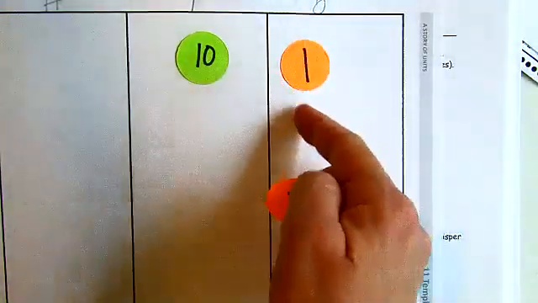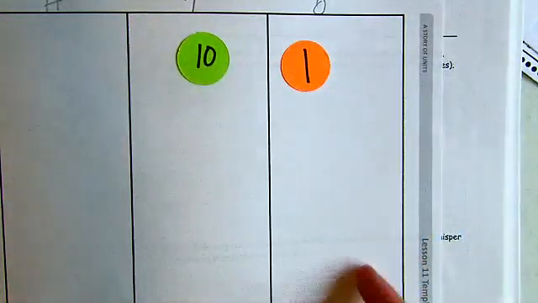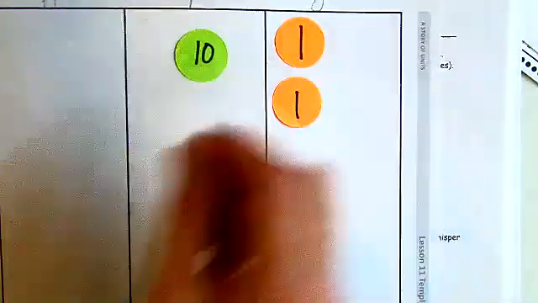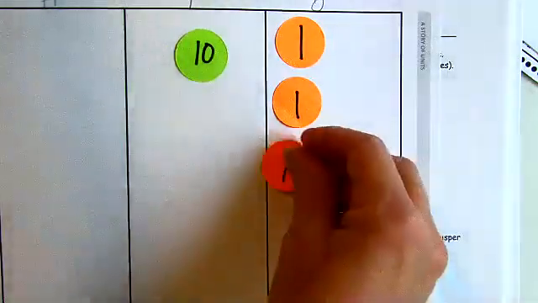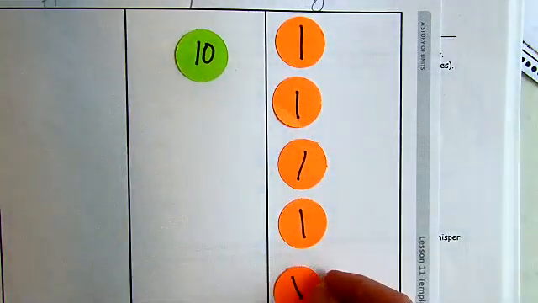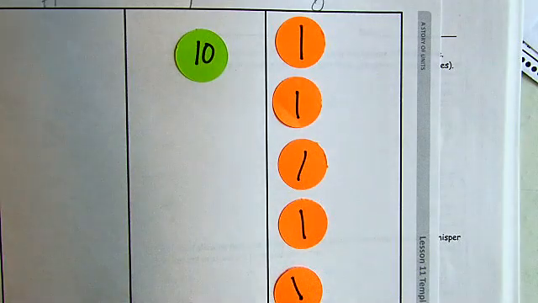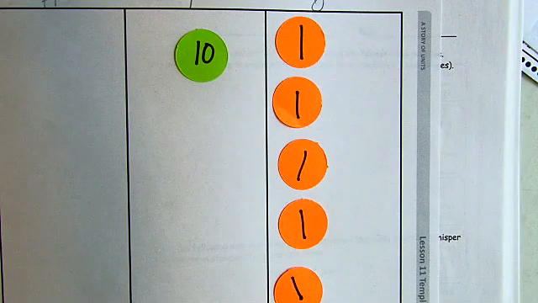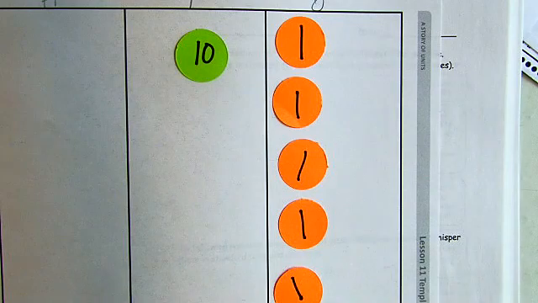We start at the top on the first one, and then we go back up the second column. So I need 5. 1, 2, 3, 4, 5. The reason we do it in a particular way is so that it's really easy to see the numbers when you look at them. So I'm looking at this, that's 5.